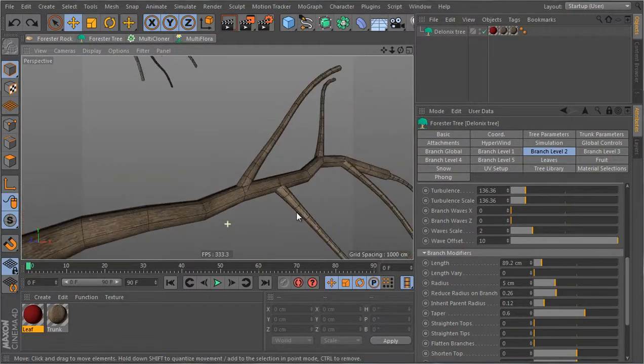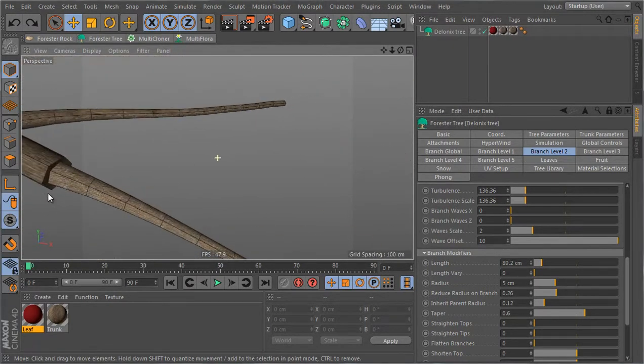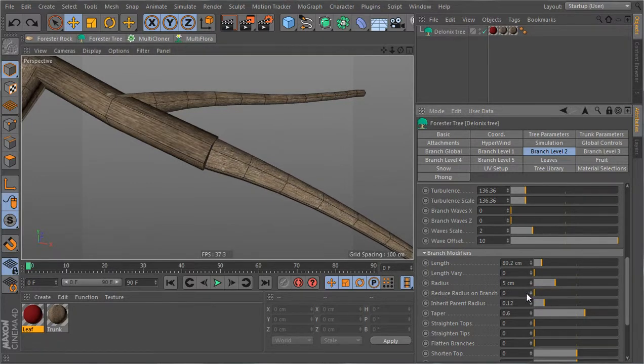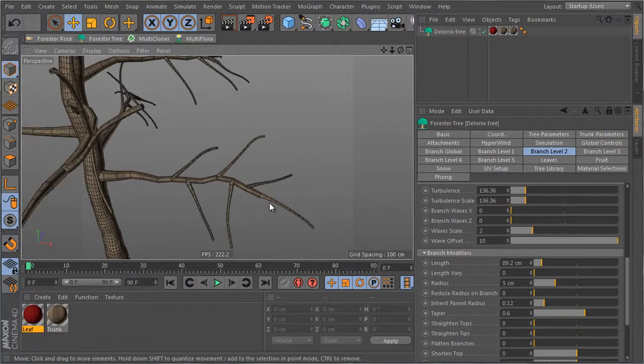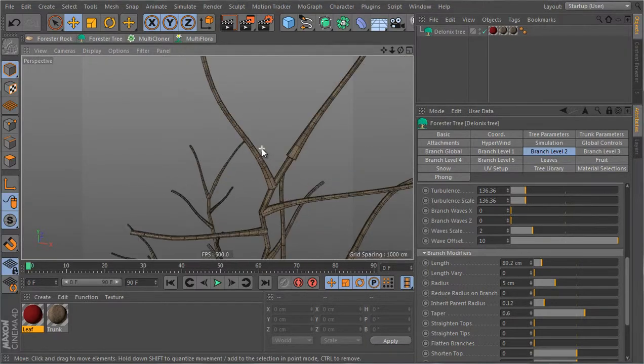So instead of doing that, I'm going to go to my reduce radius on branch, and I'm going to reduce that value so that the reduction of the radius does not happen over the branch. But I need to see this from the top as well.